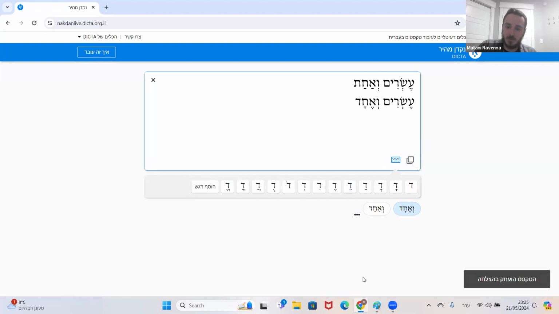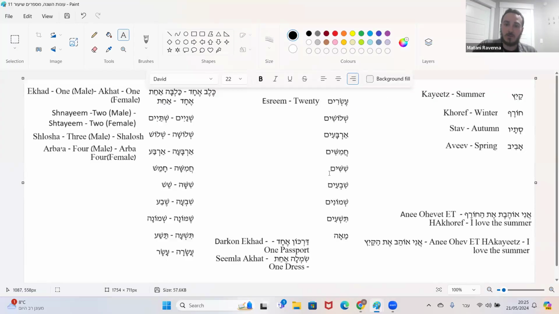Okay, I'm going to copy it to Paint. We have the esrim, 20 here. I'm going to paste the example here. Esrim ve'achat, we know achat, moving my cursor around achat, that's female, okay? In comparison to echad, which is male.